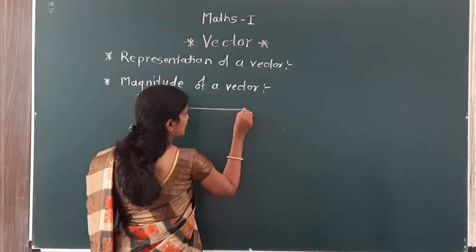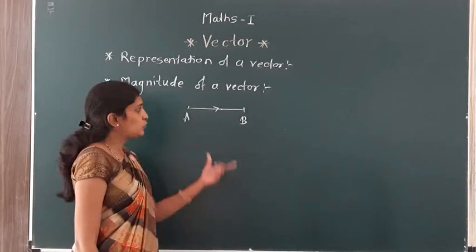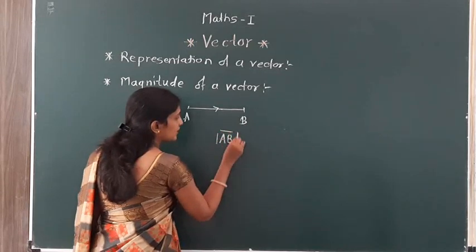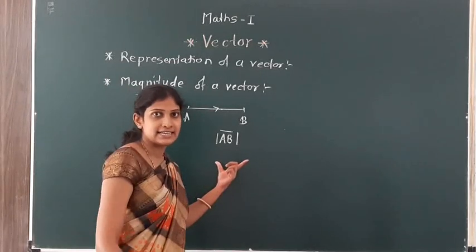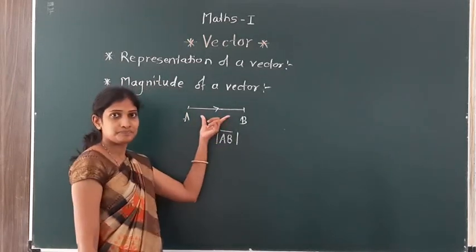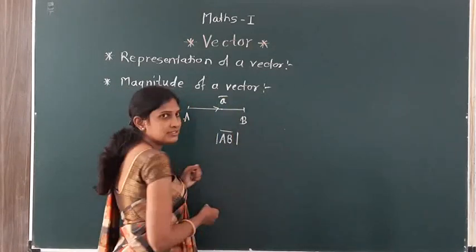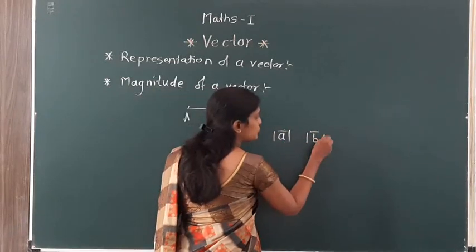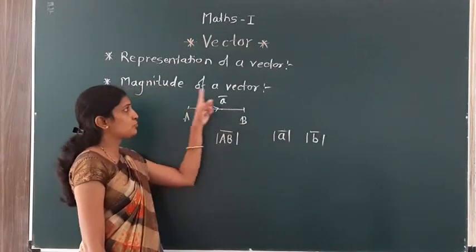Suppose there is a vector AB bar and we have to take its magnitude. It is denoted by mod of AB bar. You studied this modulus concept in 10th standard as well as in 11th standard. So, mod of AB bar is called the magnitude of this vector. If this is a vector a bar, then its magnitude is mod of a bar. If the vector is b bar, then its magnitude is mod of b bar. This is the notation of the magnitude of a vector.